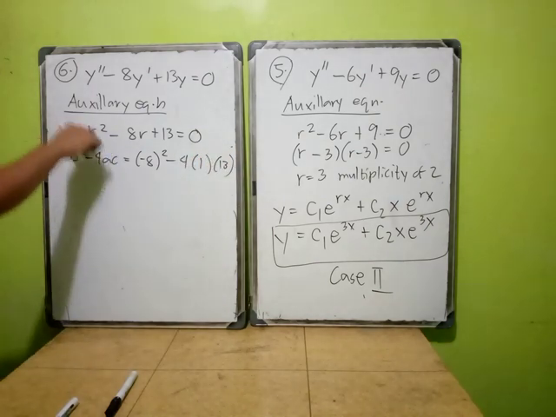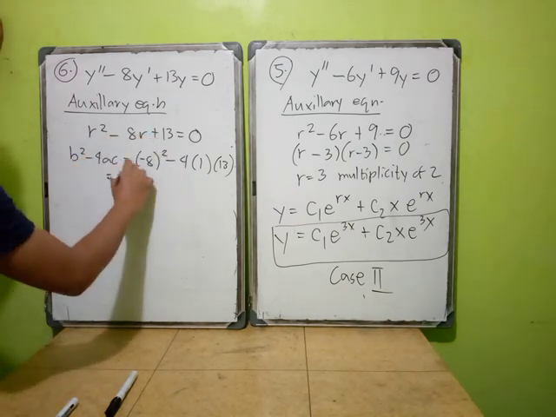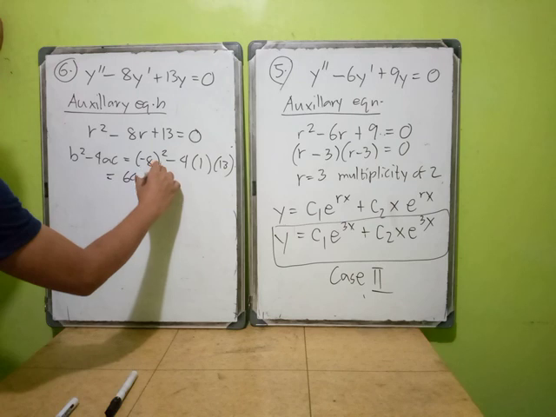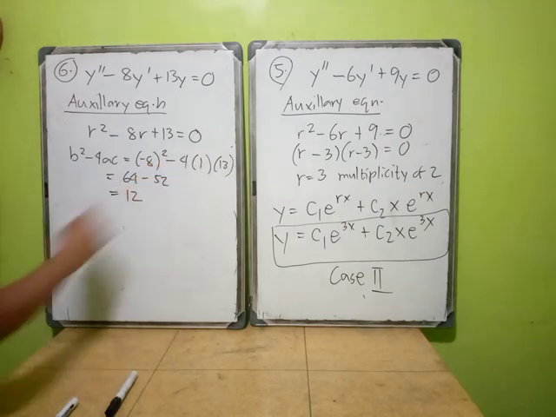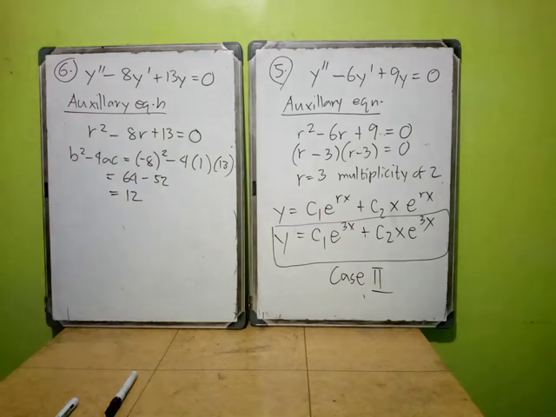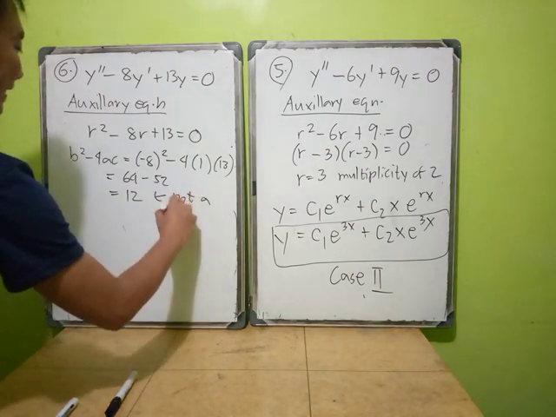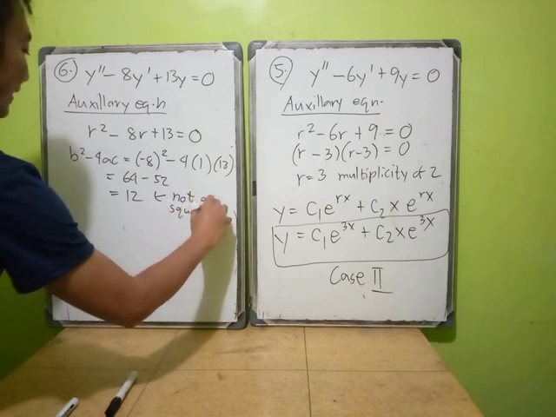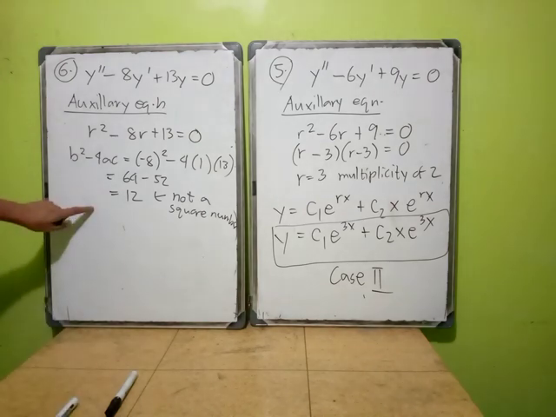This is a, this is b, this is c, the coefficients. Therefore 64 minus 52. So you get 12. So this is not a square number.